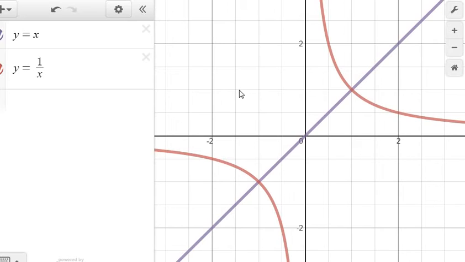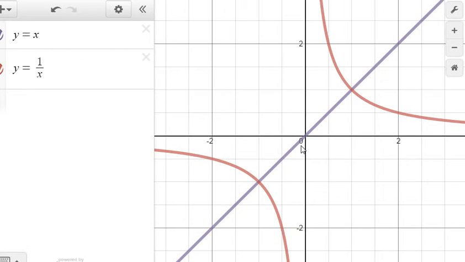Yeah, it's its own inverse. So you can think of it in a couple ways. You can think of it graphically. If I reflected this graph around the line y equals x, I'm going to get the same thing, right? It's a mirror image around the line y equals x. A different way to think about it is, if you take the inverse of a number, if I take the inverse of 7, what do I get? 1 over 7.